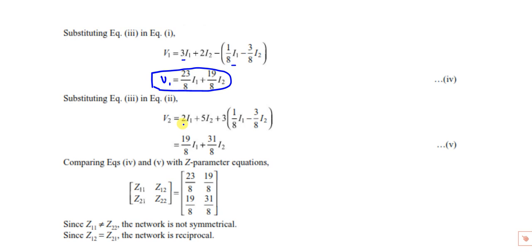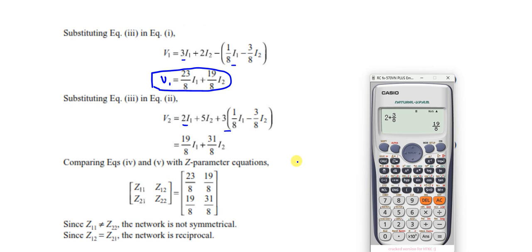Now after substitution, 2I1 and 3 by 8 I1, I have to add these. 2I1 plus 3 by 8, so again you can add using a calculator. 2 plus 3 by 8, you will get, again the LCM is 8, 2 8s are 16, 16 plus 3 is 19 only. 19 by 8.